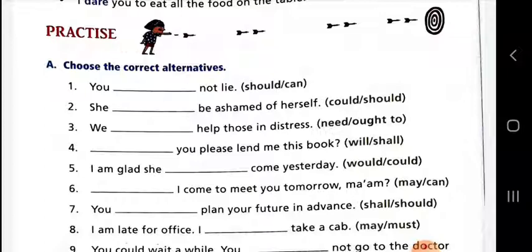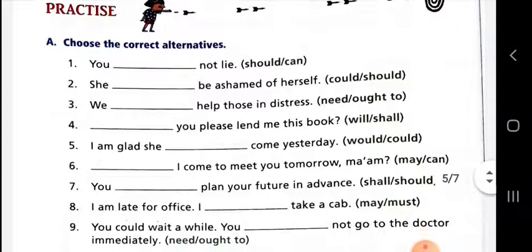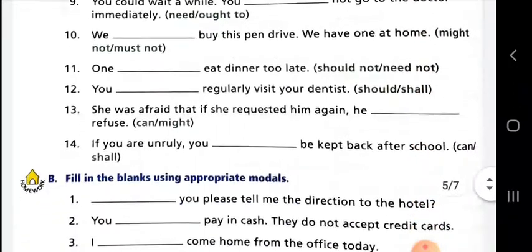She could be ashamed of herself. We ought to help those in distress. Will you please lend me this book? So on, you can solve these exercises. All the exercises are given here.